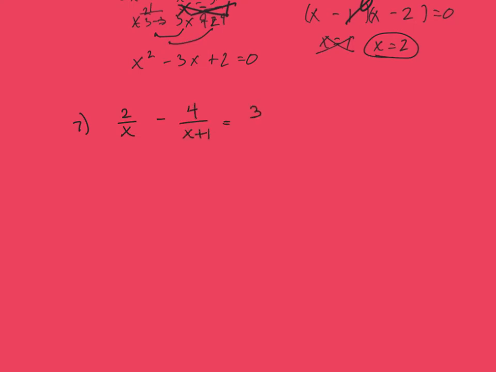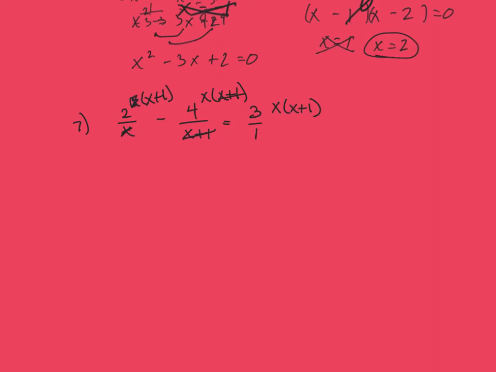Now this 3 is really 3 over 1. Remember, we want the denominators. So your least common denominator is just the 2 denominators multiplied together. The 1 doesn't count because it's not doing anything. So our common denominator is x times x plus 1. So here the x's are gone, x plus 1's are gone.